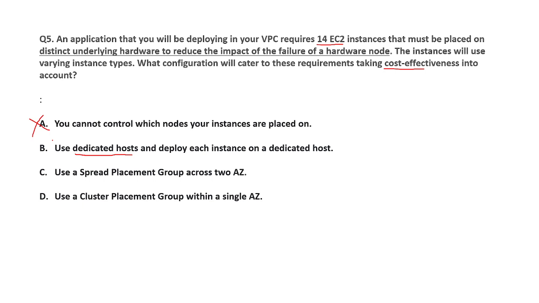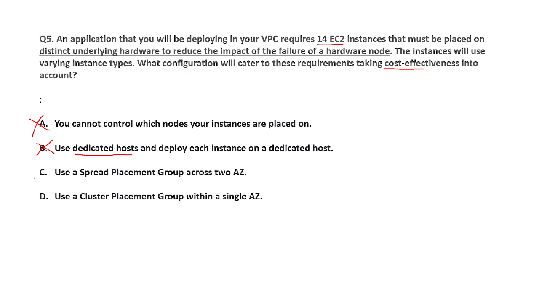So I'm eliminating option B as well, because when you purchase a dedicated host, you get some licenses as well from different vendors. It is a good solution, but again it is too much costly. We need to think about cost effectiveness.